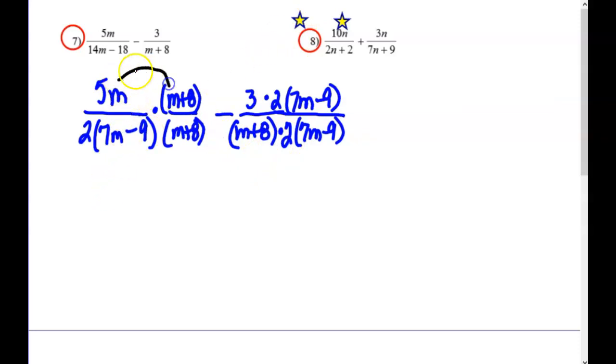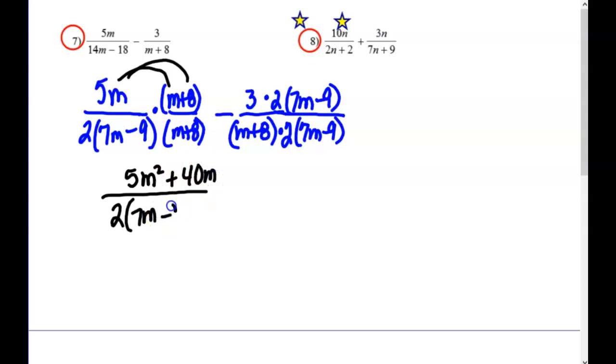So I'm distributing here. What do I get? Nice and loud, somebody. 5m squared plus 40m, okay? Now, what am I distributing back here? I'm just going to write that denominator once under all of it.